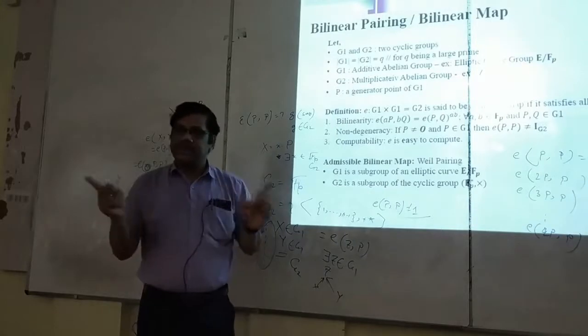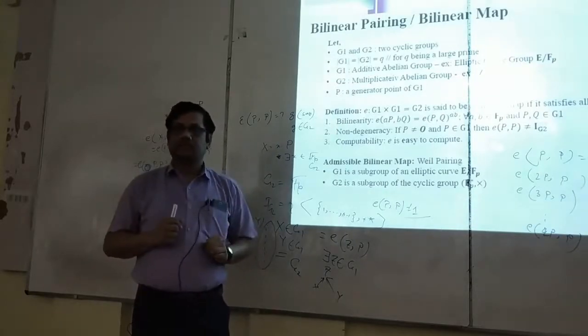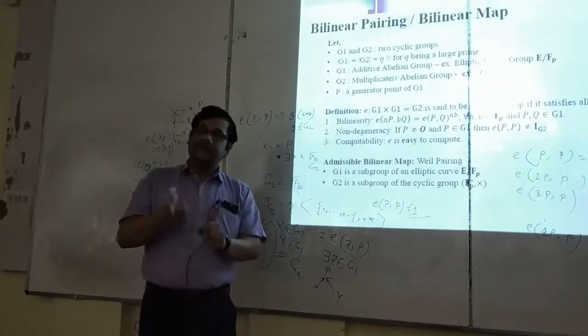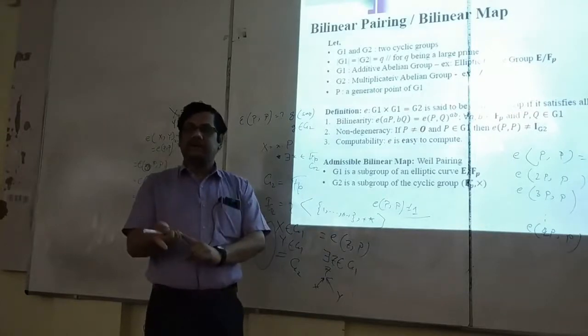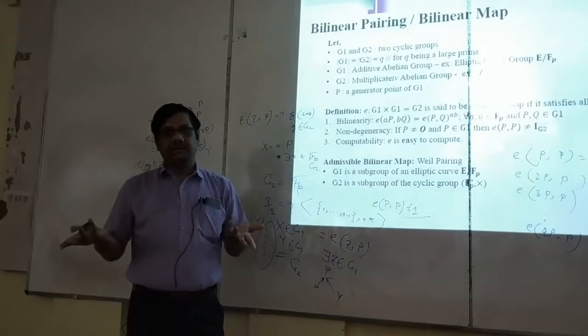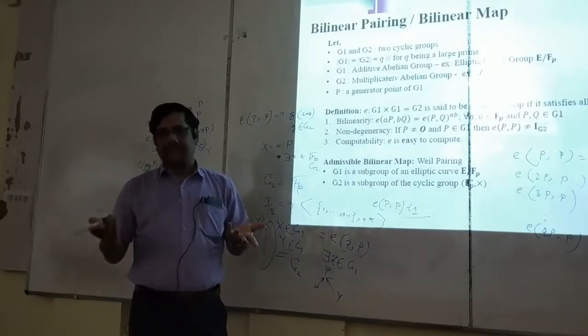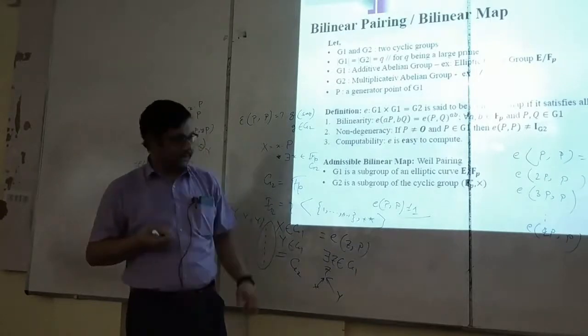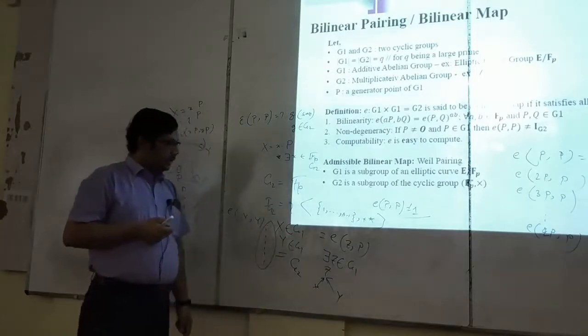Both statements are the same. The other way also you can try: if e(P, P) is the generator of G2, then e(P, P) cannot be the identity. Very, very simple thing to prove. If e(P, P) is the generator, then it cannot be the identity element in G2.